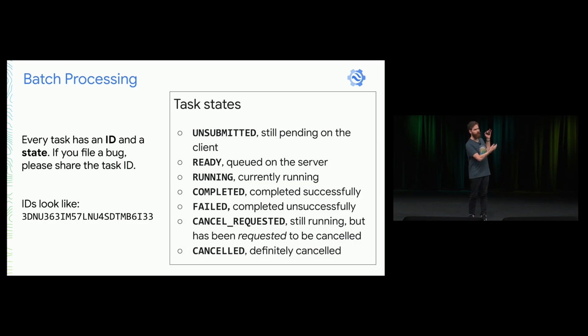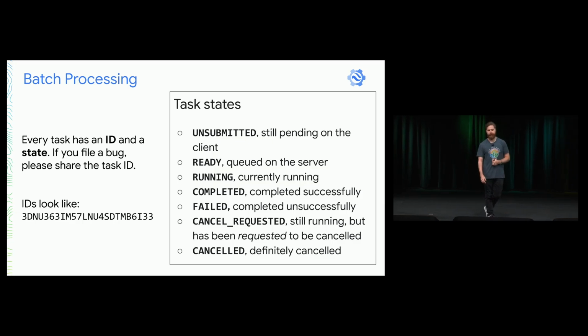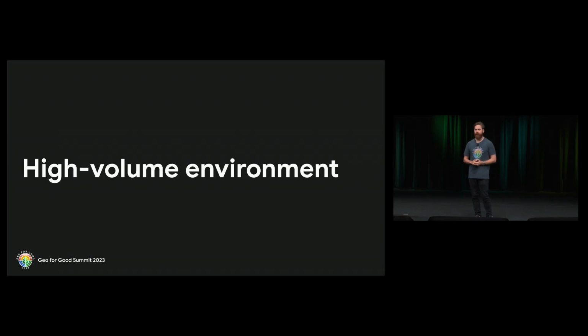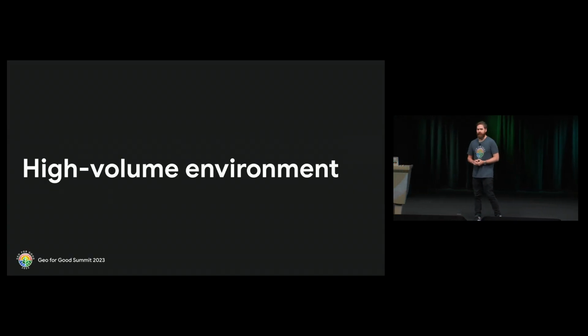It's helpful because it's a pointer exactly to that task. If you want to look at a task's status, you can use any of the tools in Earth Engine, the command line tool. You can usually look in the code editor to see the status and the current execution state of a batch task. Then we have the high volume environment.